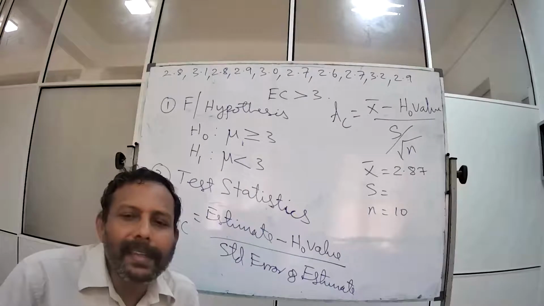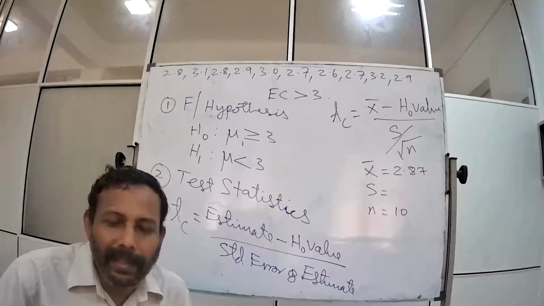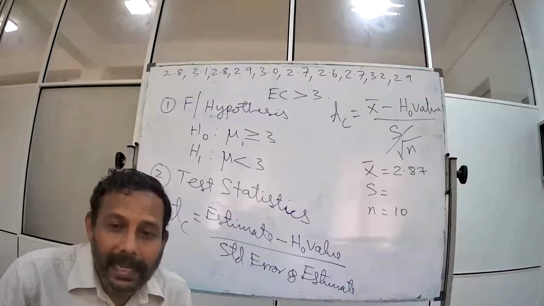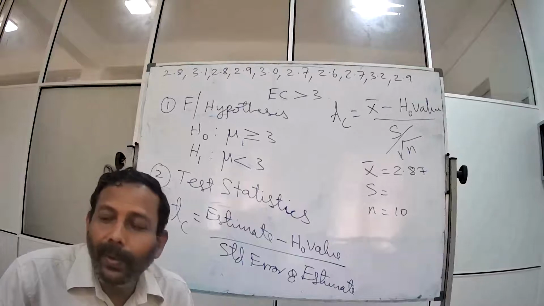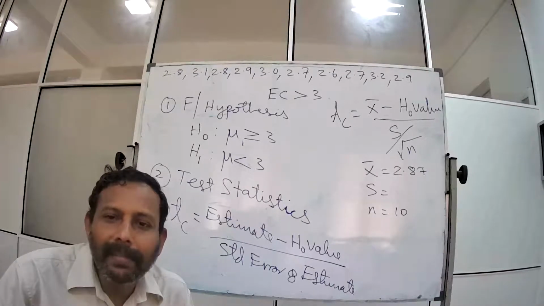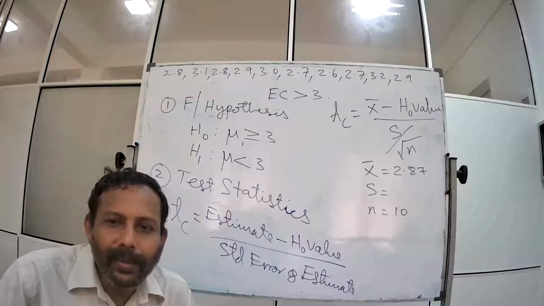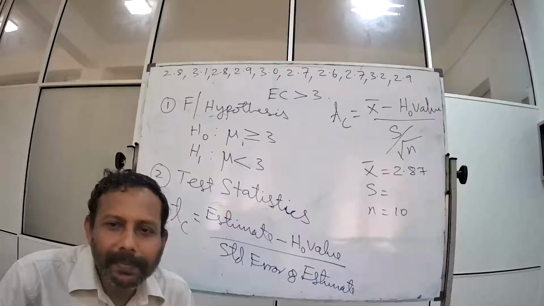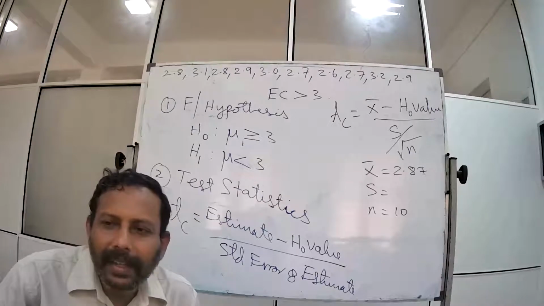One person has sent the value, but I want to cross-check whether it is the correct value. So one or two other people can send me the value. Yeah, it is also closer to that. Good. One more. Zero point.